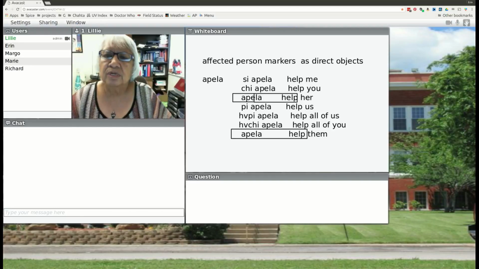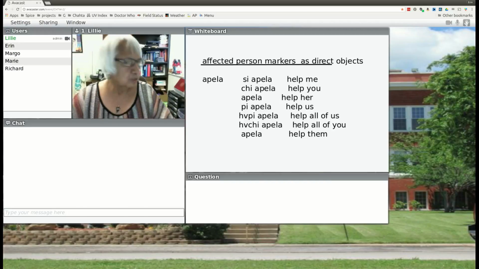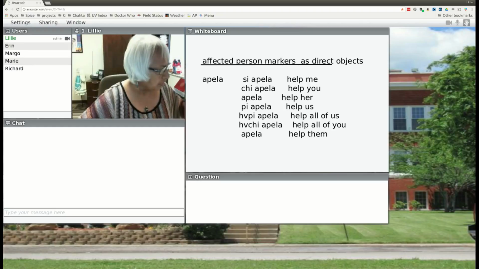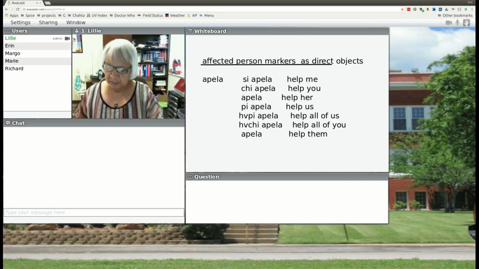I was looking at some of the work. There seems to be a misunderstanding on how to use the affected person markers as direct objects. And this is what we went over in our lesson on Friday. And we had a couple of sentences for you to translate.